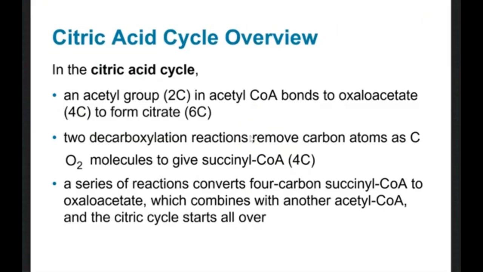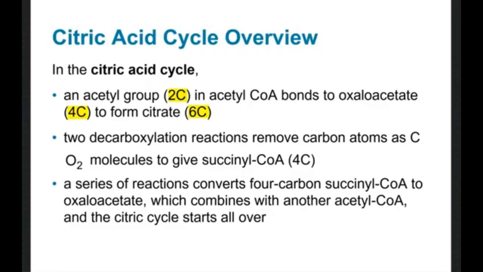So, I always say that conceptually the citric acid cycle is about counting carbons. Acetyl group has 2 carbons. An intermediate of the Krebs cycle, oxaloacetate, has 4 carbons. When they combine, the resulting citric acid has 6 carbons.